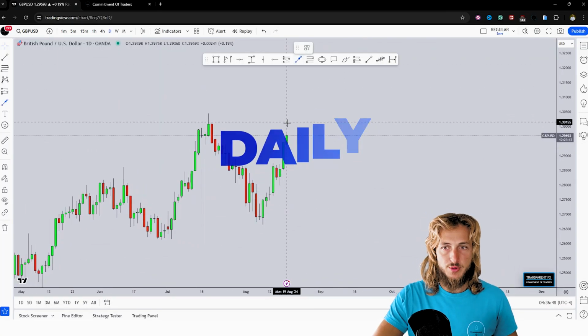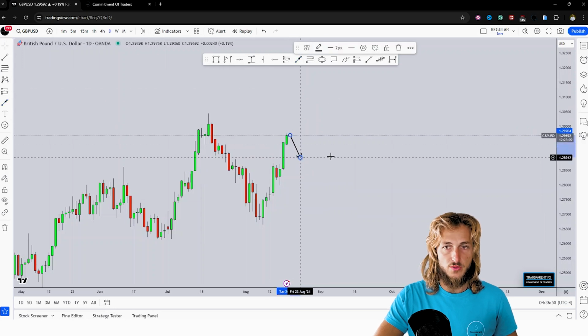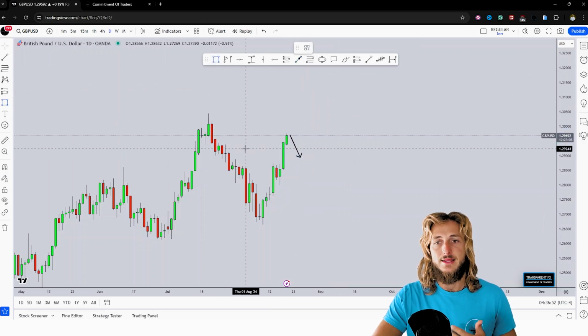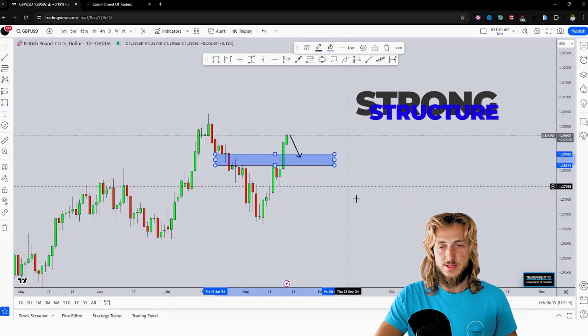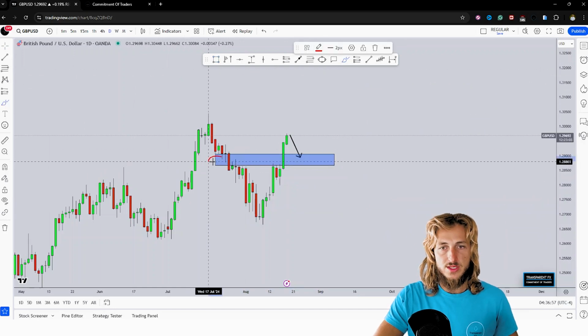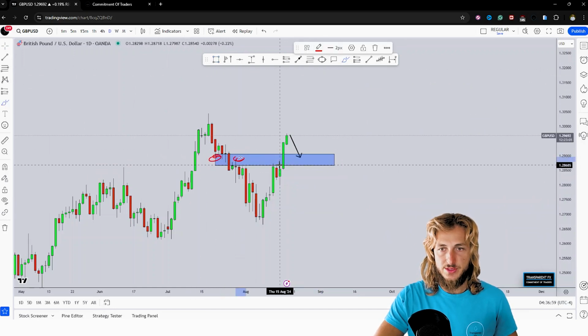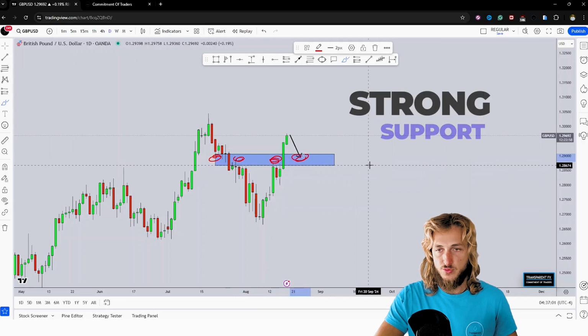So from a daily perspective, if the market here will create a correction, essentially the nearest level of structure would be this zone here. Now this level was previous support here, turned resistance here, again resistance here, which is now turned support here.